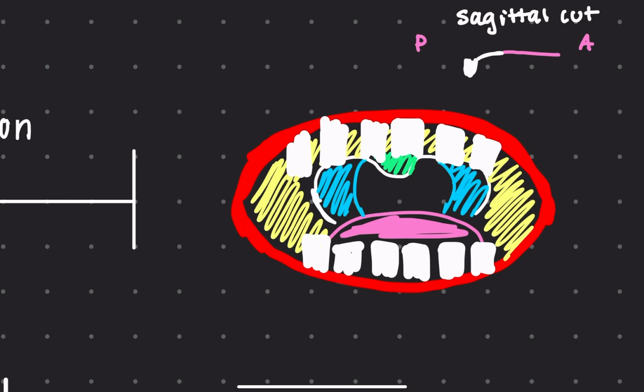So you have the hard palate in the front, and then you have the soft palate, and then you have the uvula. Okay, so here's the uvula in this drawing. And then you can see the soft palate on this upper part of the wall.